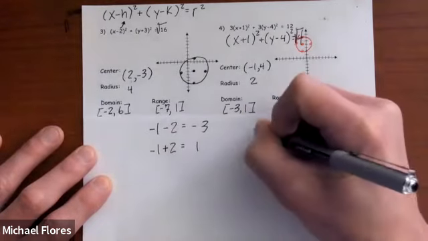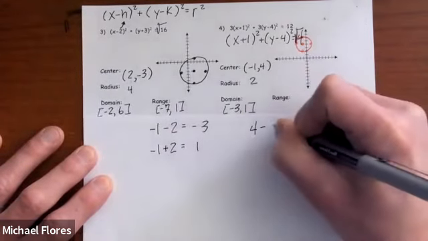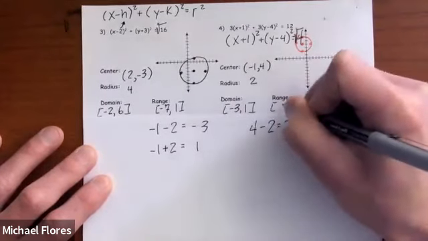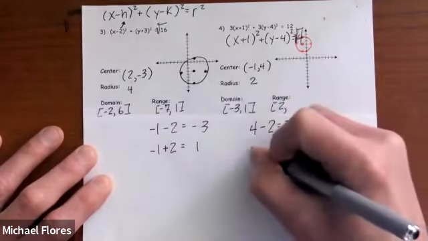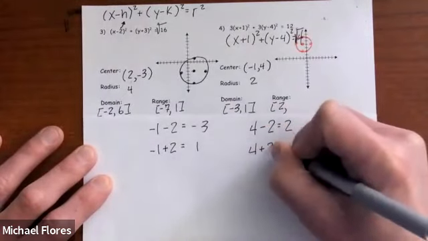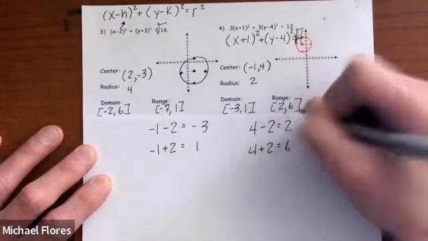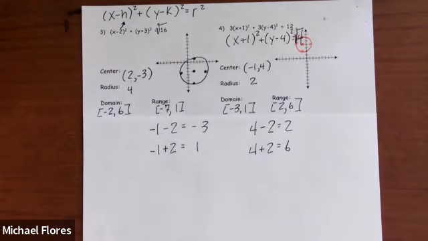For the range, let's do the k value minus the radius, and the k value plus the radius. Pow! See how easy this is?